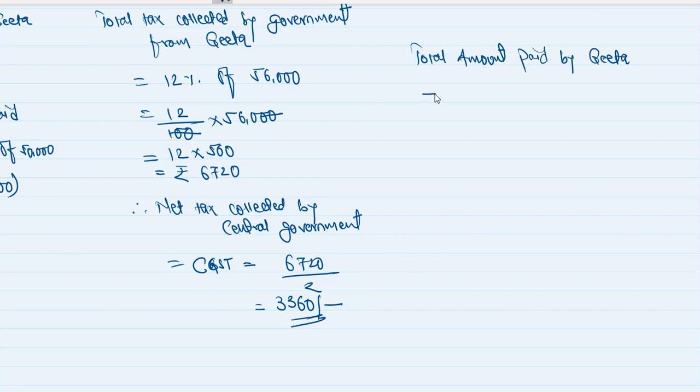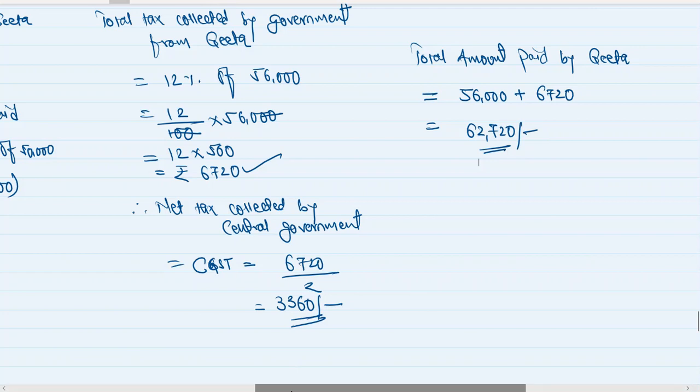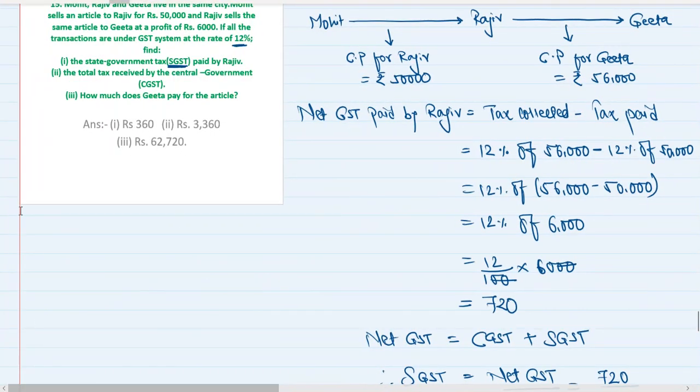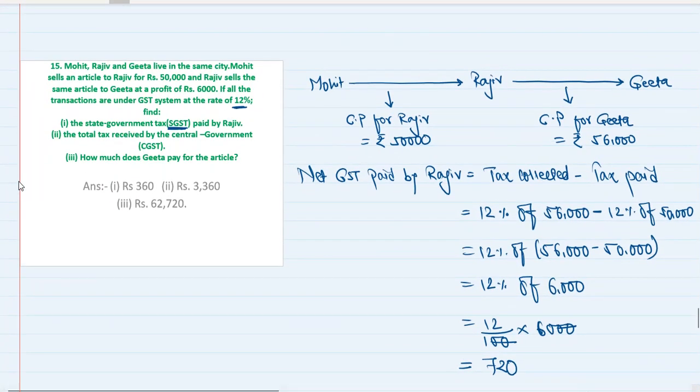Total amount paid by Geeta is equal to 56,000 plus 6720. 6720 is the tax paid by Geeta. So that is 62,720. This is the total amount which Geeta pays for buying this article from Rajiv. So I hope you understood the small details of this chapter.